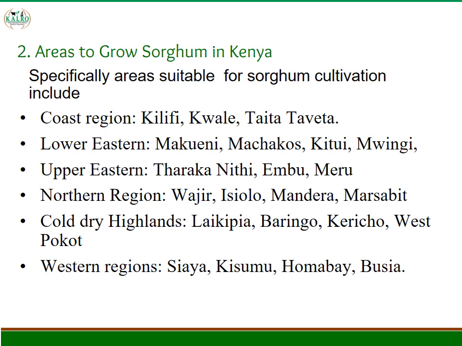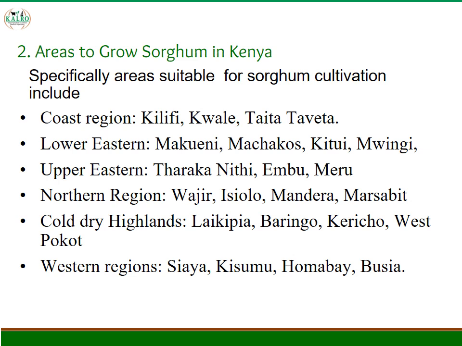Sorghum can also grow in the northern part of the country, in areas like Wajir, Isiolo, Mandera, and Marsabit. The cold dry highlands can also sustain sorghum cultivation, and these are Laikipia, Baringo, Kericho, and West Pokot. Now, the western regions where sorghum can grow are Siaya, Kisumu, Homa Bay, and Busia.